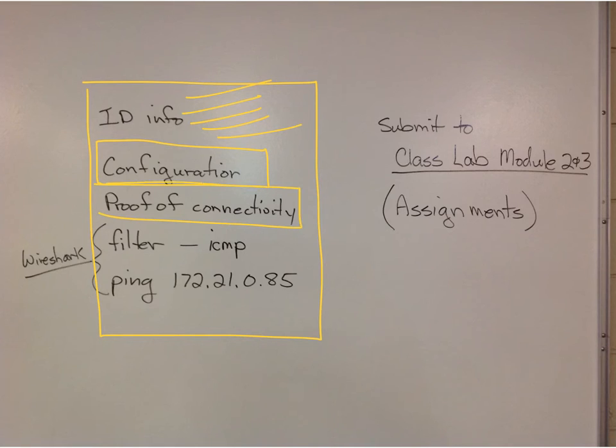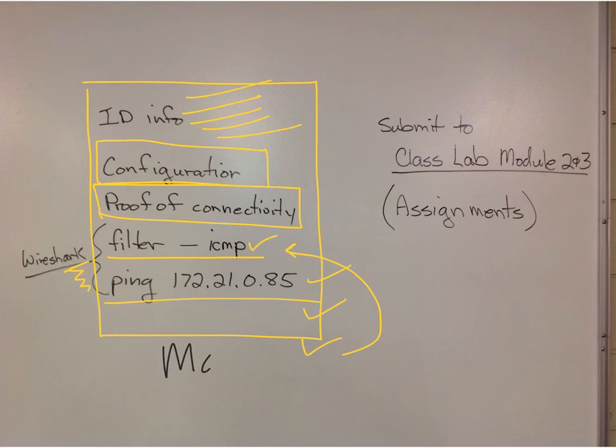Proof of connectivity, show that you can ping and connect to other devices. And then they were supposed to run Wireshark, filter for ICMP, and do some pings. They could ping their neighbor, another device, and then look at the information in Wireshark. We're going to start out Monday taking a look at that.